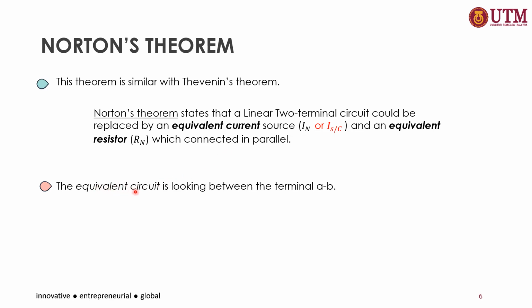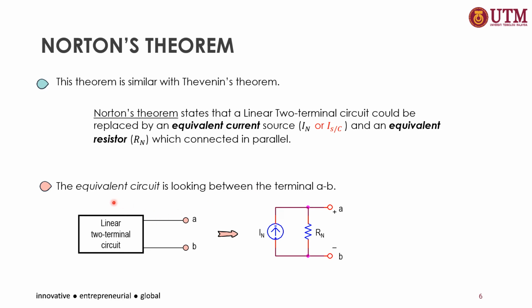The equivalent circuit is looking between terminals A and B. So this is the linear two-terminal circuit, these are terminals A and B, and this is the equivalent Norton circuit, where I Norton or I short circuit is in parallel with the resistor RN.